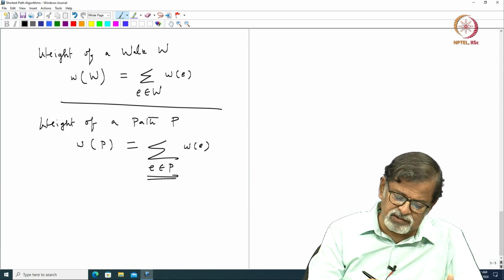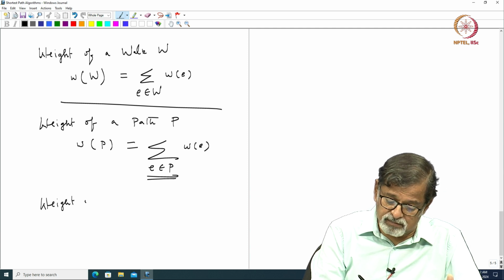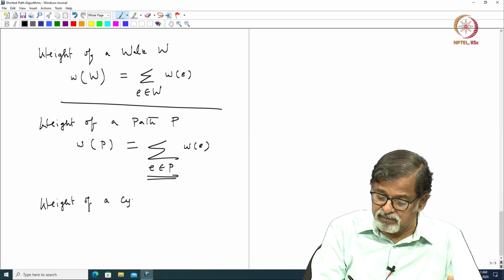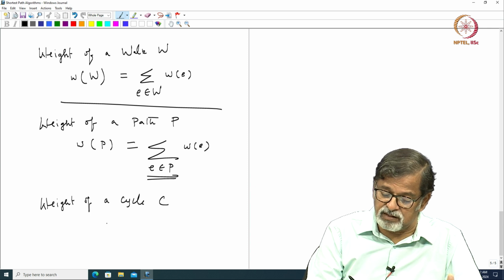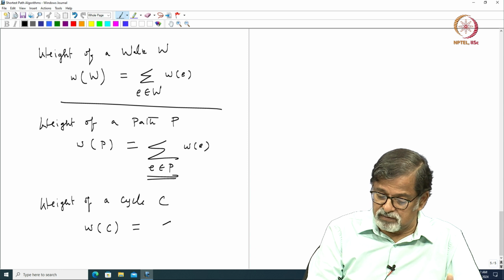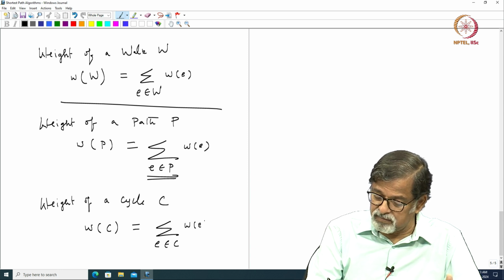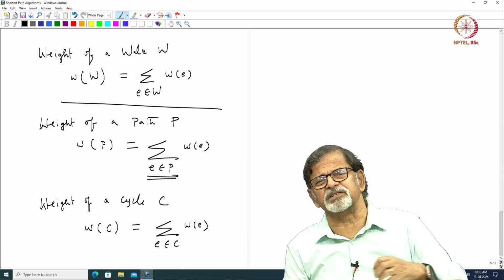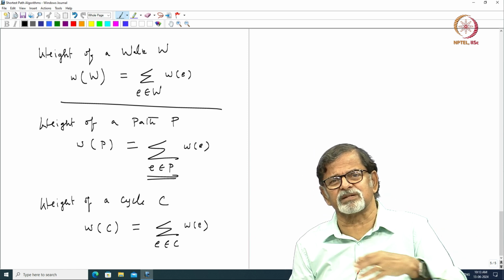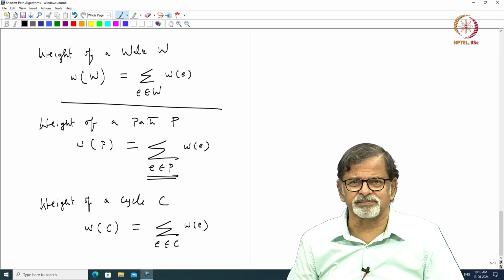Similarly, weight of a cycle C, W(C), is the sum over E belonging to C. All the cycle edges, you consider them and then add, you get the weight of the cycle.